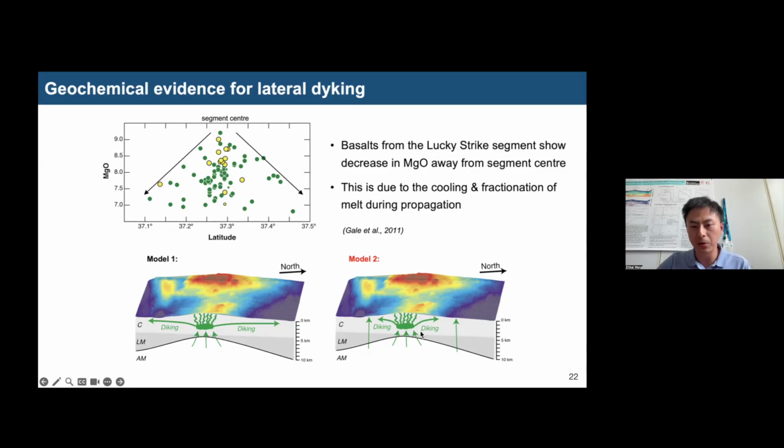In the second model, they include melt propagation directly from the mantle to the crust at the segment ends, because in this study they don't have strong evidence to exclude vertical melt migration from the mantle to the crust. But in both models, they have to invoke lateral dyking for crustal accretion.